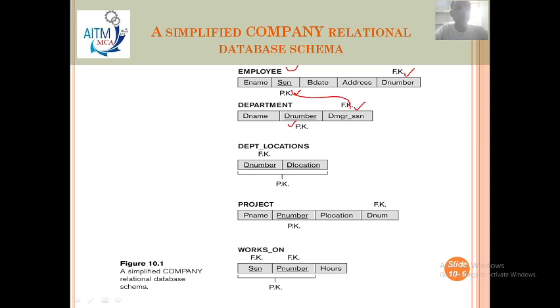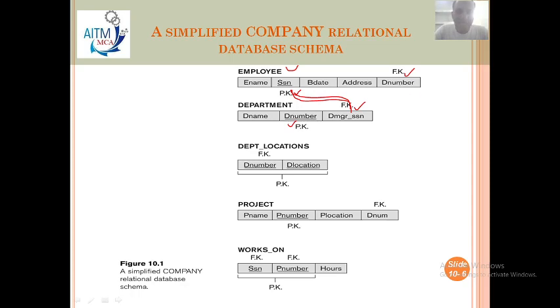If you need the manager's information in detail, through this manager SSN you can go to SSN, and there you will get his name, date of birth, address, and department number in which he is working.